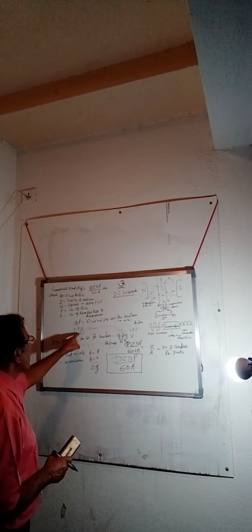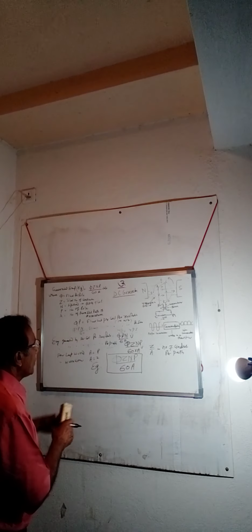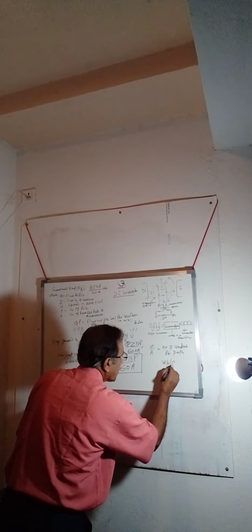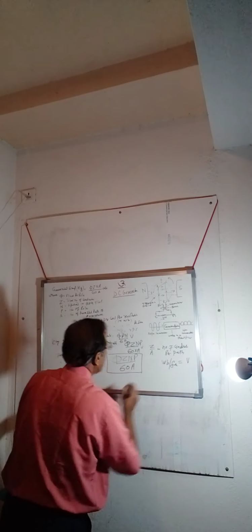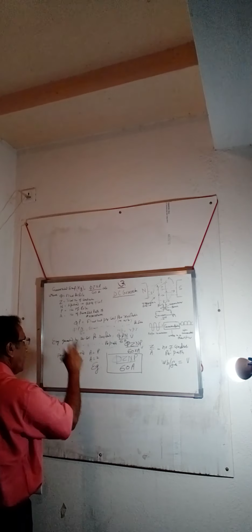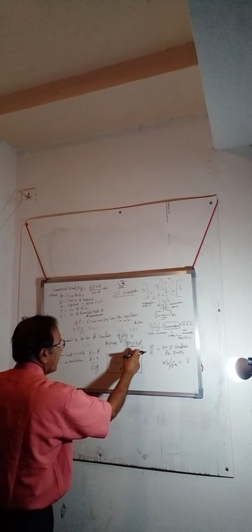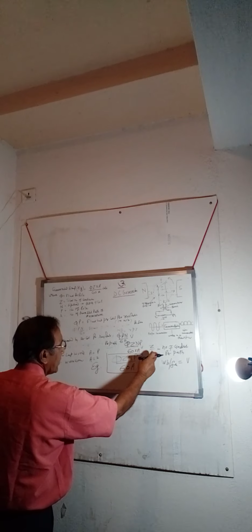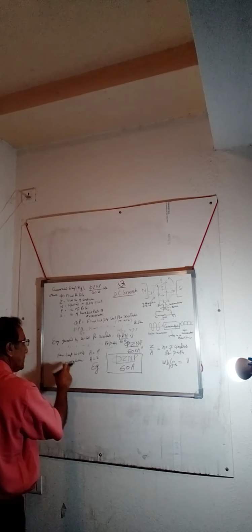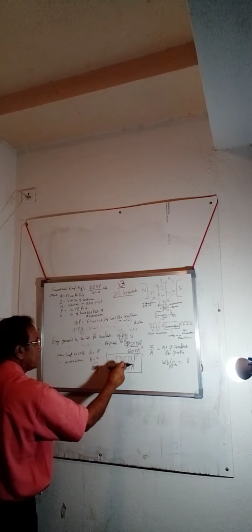So Weber per second gives the volt. So we get here the generated voltage. Now per path we multiply by Z by A. Z by A is the total number of conductors per path. So this gives the generated voltage per path by the DC generator.